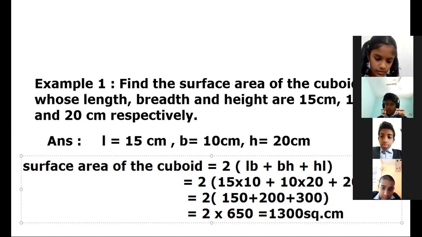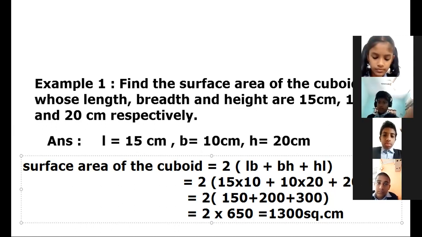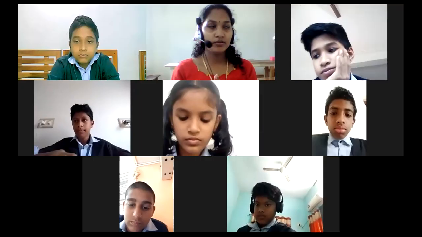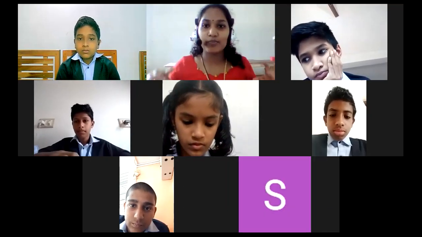Okay. Then this is the surface area of a cuboid. Then there is one more thing, lateral surface area. Are you guys sitting inside a room? So the place we are sitting, we are actually sitting inside a cuboid, right?